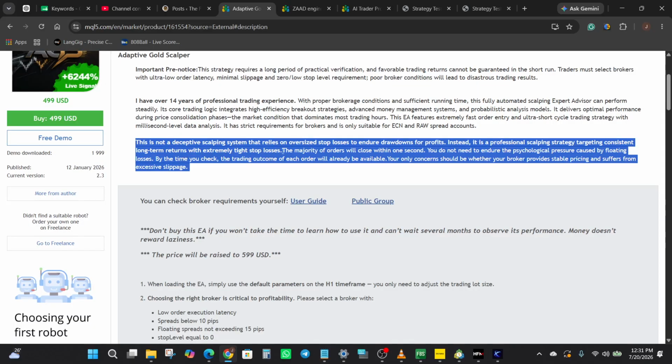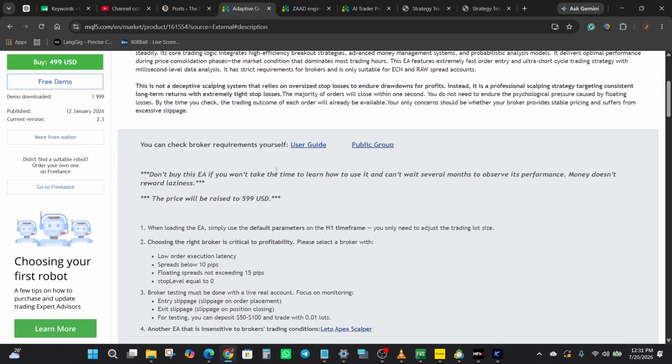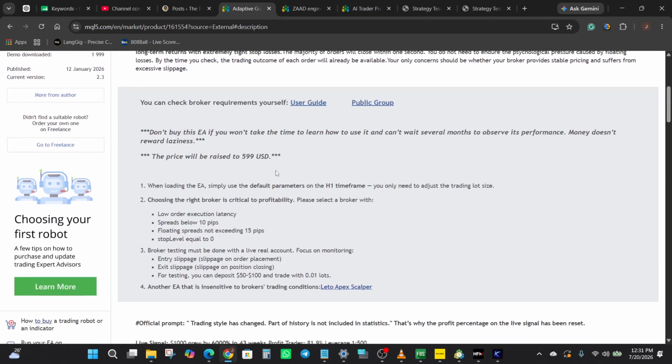The listing includes an official note stating that the trading style has changed and that part of the trading history is not included in the live track record.